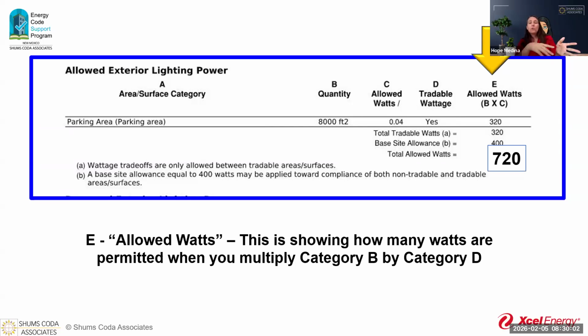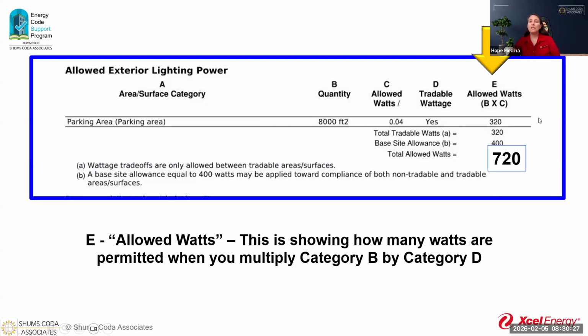Each of those categories is going to tell us how many square feet pertains to it. And then it's going to have an assigned number, just like in the interior lighting, there's an exterior lighting table that says, you know, parking areas are allotted 0.04 watts per square foot, right?